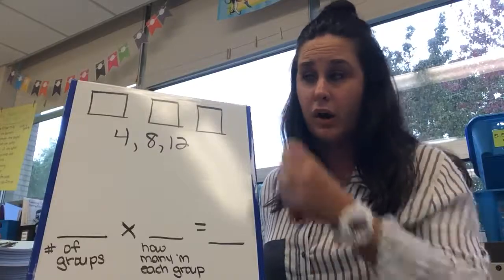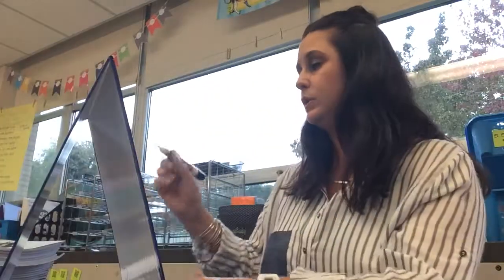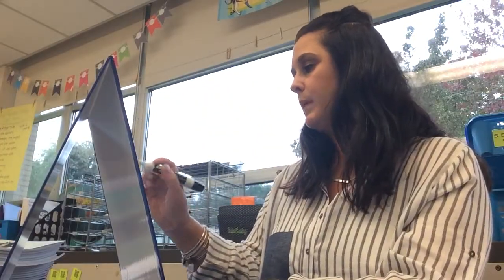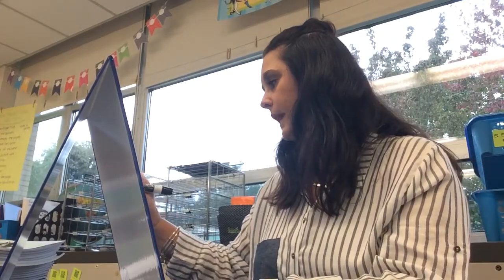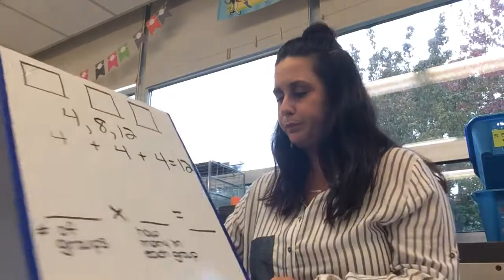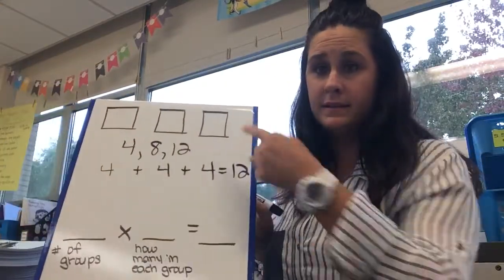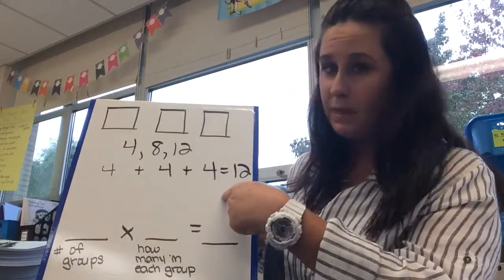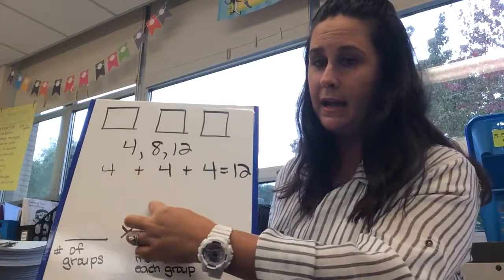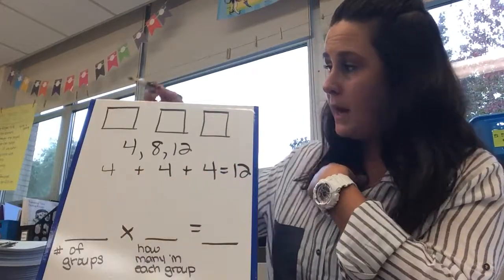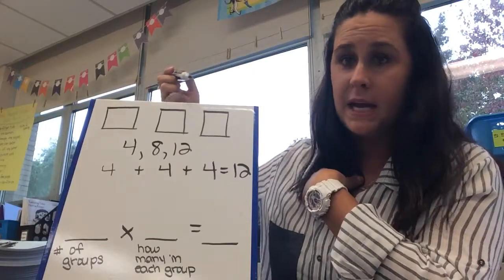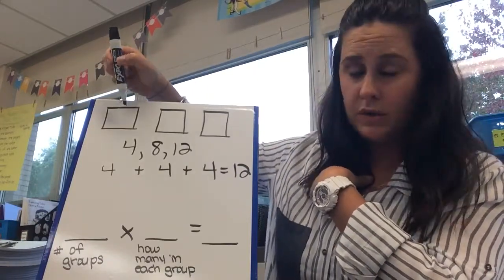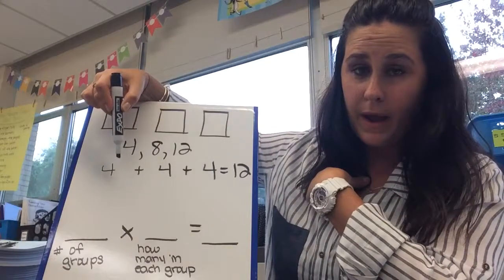So since there are 3 squares, I'm going to do 4 plus 4 plus 4, which we know now equals 12. Whoa. So I can skip count. I could use my repeated addition. So as you can see, I added 4 up 3 times because there are 3 squares and each square has 4 sides. Now, this is one way you can solve the problem. Second way, third way.